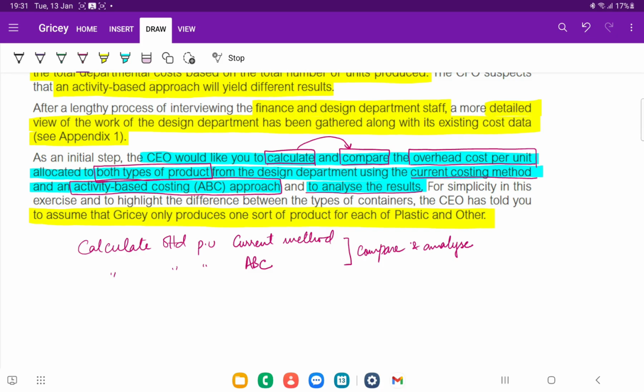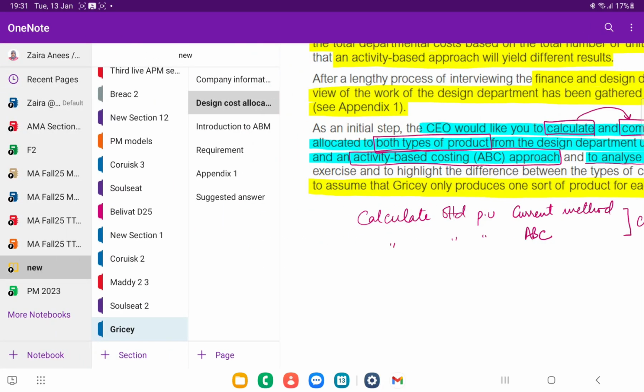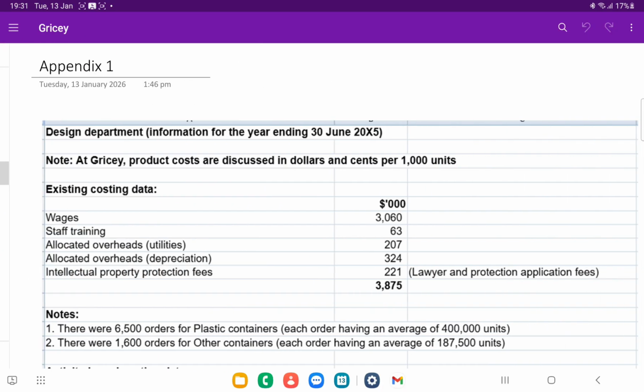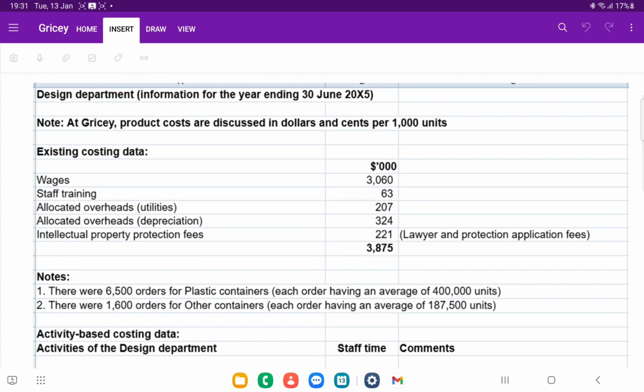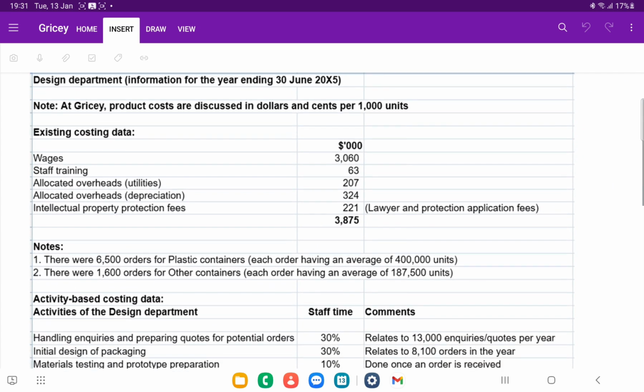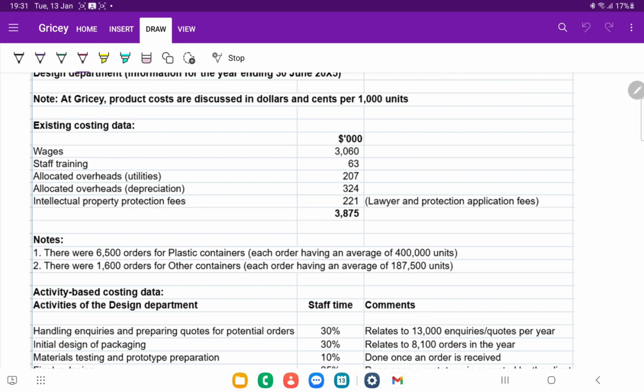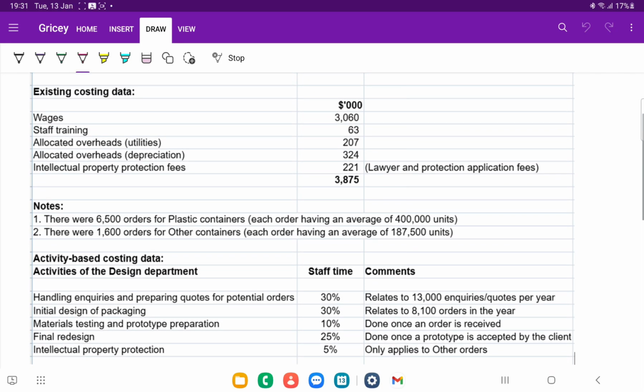Let's move to appendix number 1 and see what sort of complications are there. In the design department, there are wages, staff training, allocated overheads, depreciation, intellectual property protection fees.